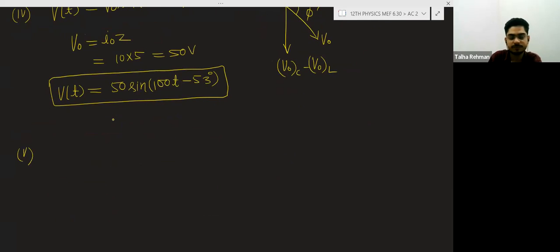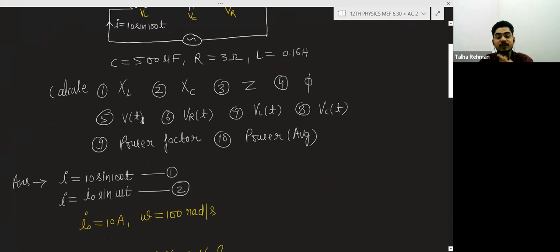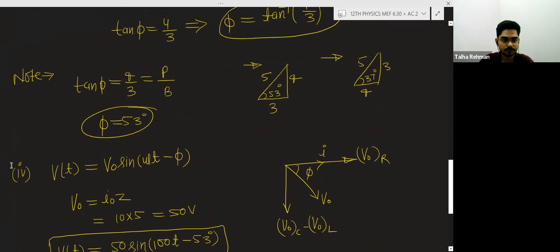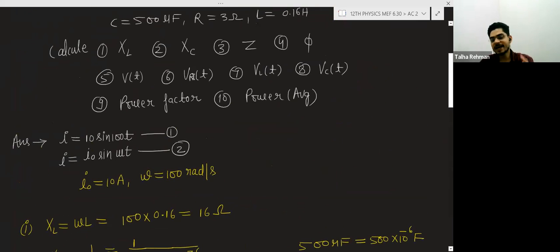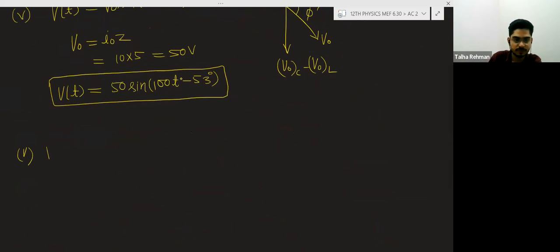Fifth part. In the sixth part they are asking voltage across the resistance with respect to time.